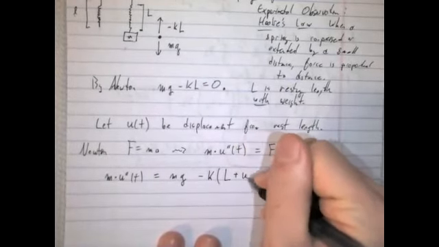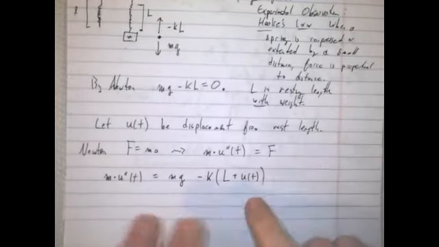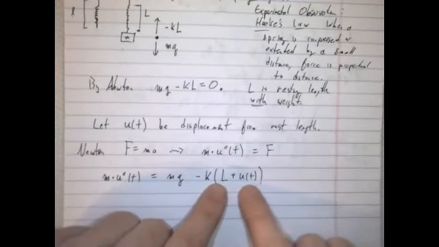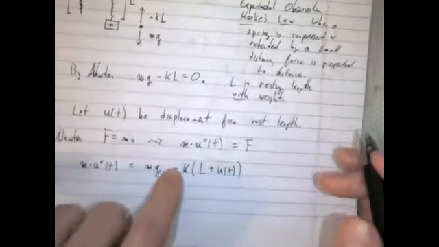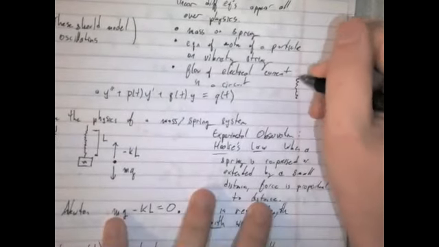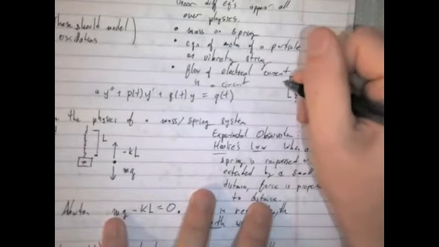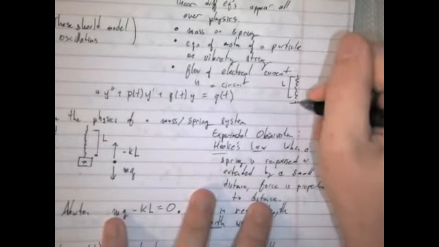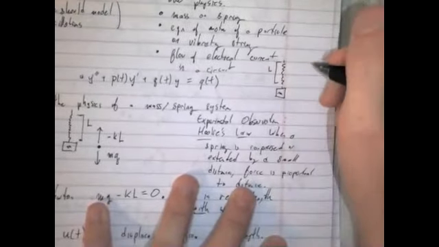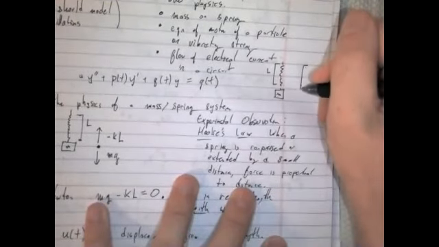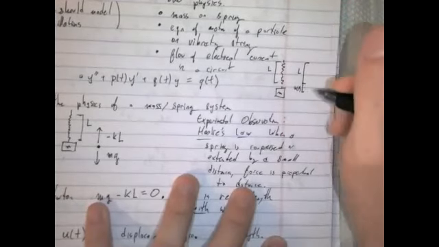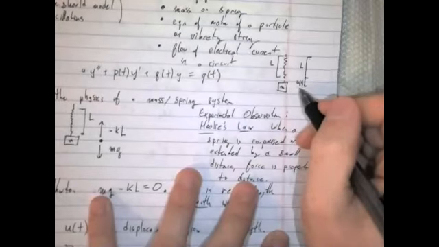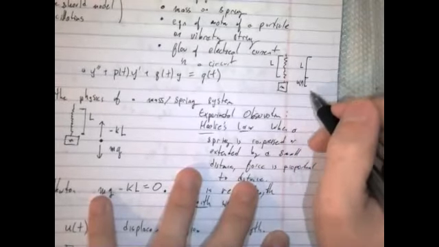plus u of t. So in other words, if u of t is 1 inch, then, let me draw up here, if this is L, which is the resting length of the mass spring system, then here what I'm considering is L plus u of t, where u of t is how far away the mass is from its equilibrium rest position.